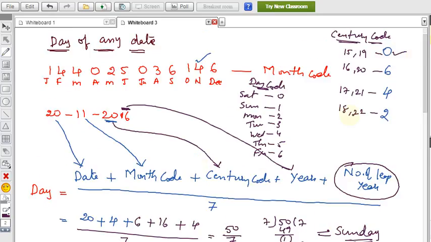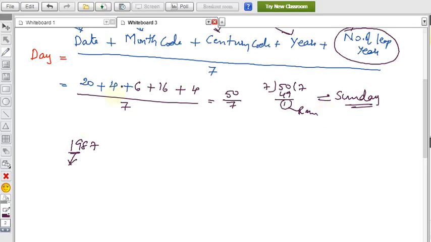So the century code we can take as 0. Now 87 is the years, but the number of leap years is 87 divided by 4. So how many leap years will come in 87? That is 4 twenty-ones, 84. So there are 21 leap years, because 22 is not over. So the number of leap years is 21 for this if it is 1987.